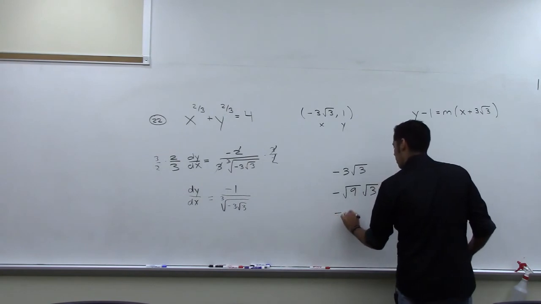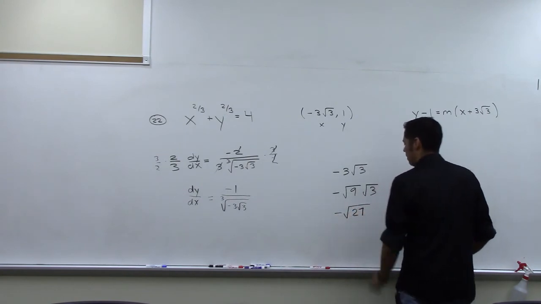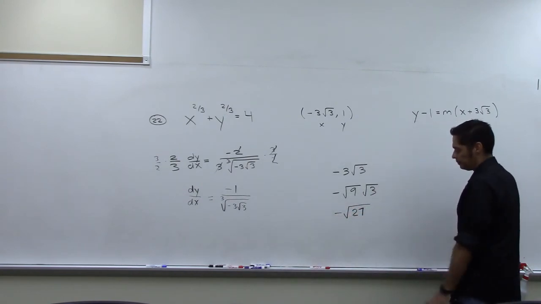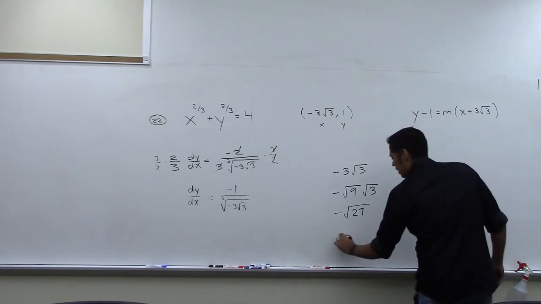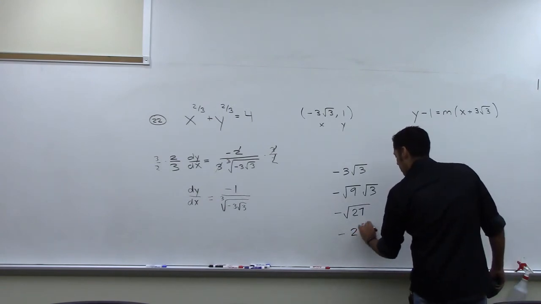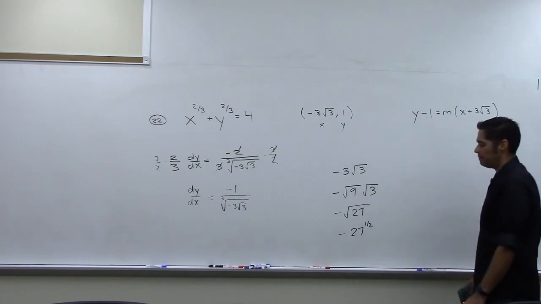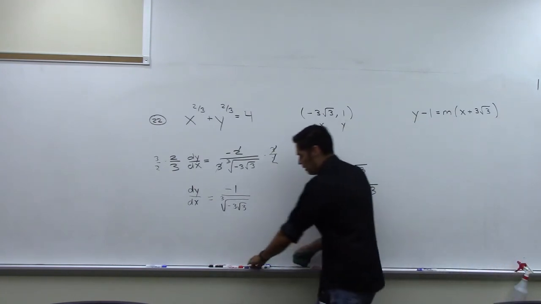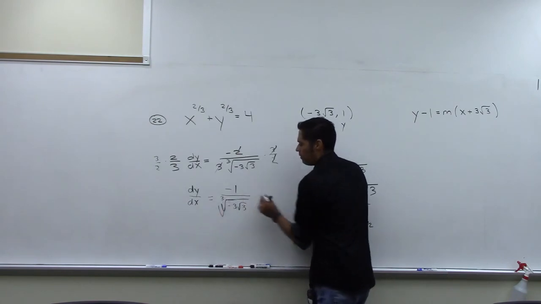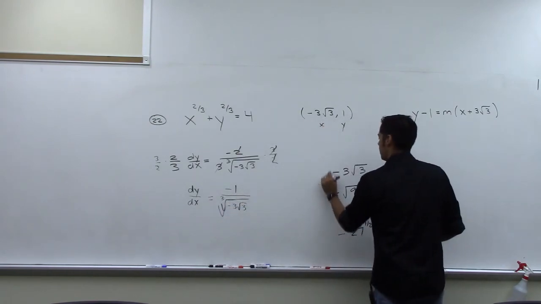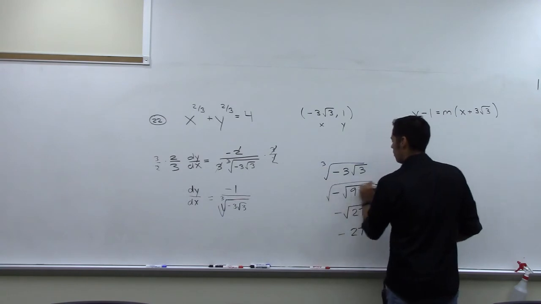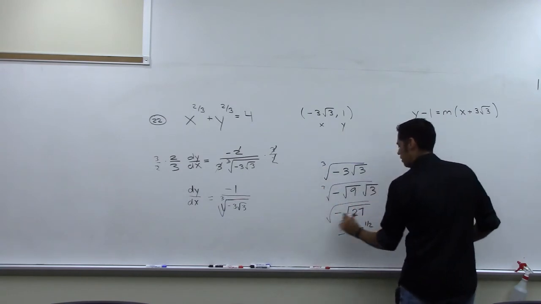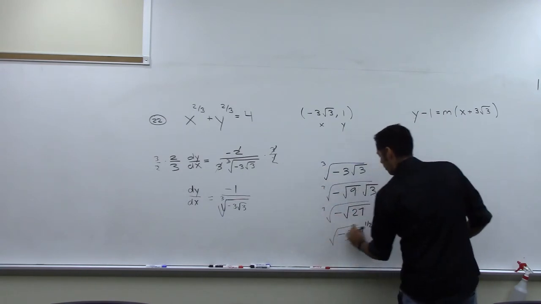This is negative root 27, which is the same as negative 27 to the half. But I'm supposed to be taking the cube root of all that.